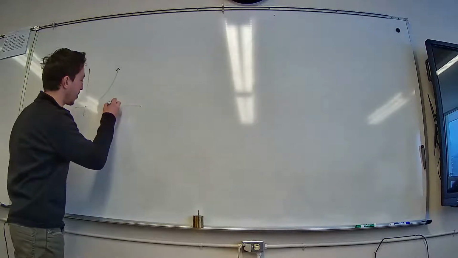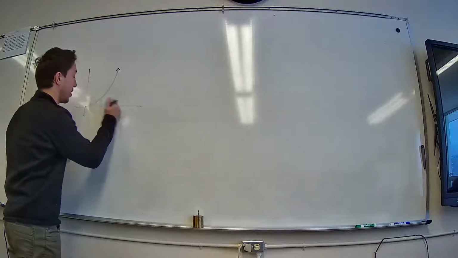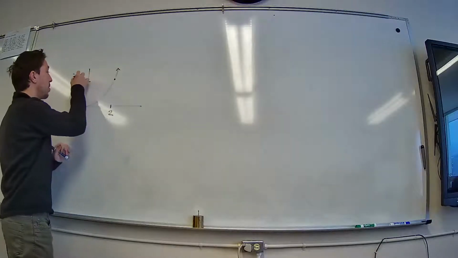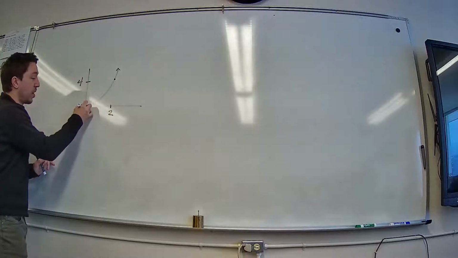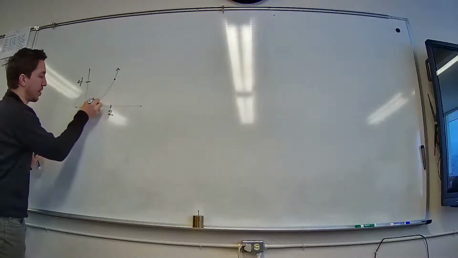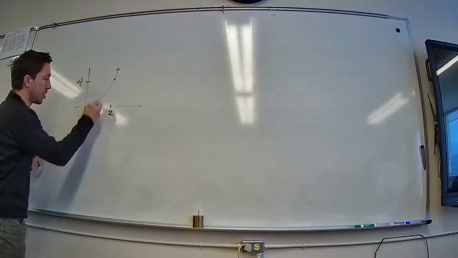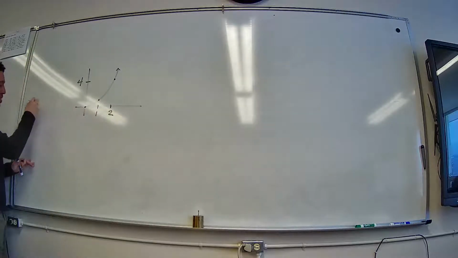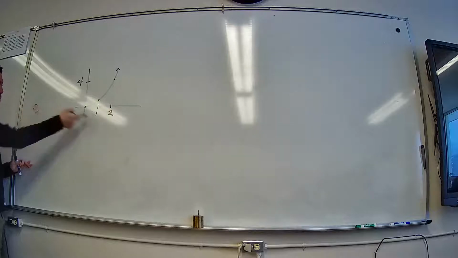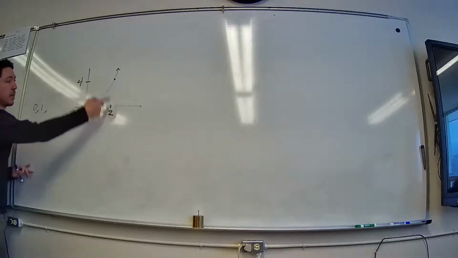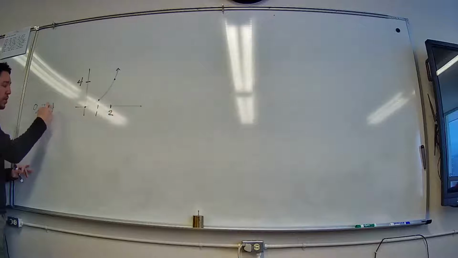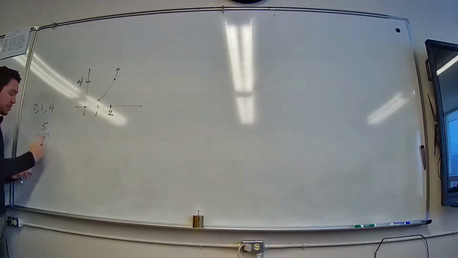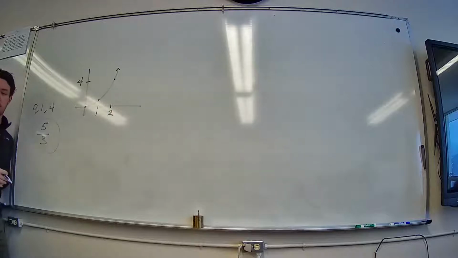A way to brute force an average value: let's see what would happen if you did this. 0 gets you 0, so 0 is a y value. 1 gets you 1, so 1 is a y value. And 2 gets you 4, so 4 is a y value. If you add those up and divide by the number of values, you get 5/3.